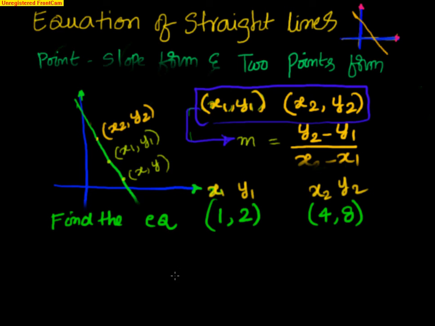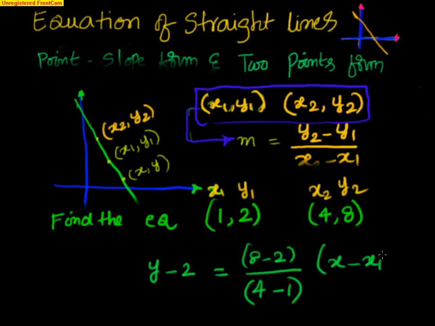So my formula is y minus y1, that is y minus 2, is equal to the slope, y2 minus y1, 8 minus 2, divided by x2 minus x1, that is 4 minus 1, into x minus x1. This is nothing but y minus 2 is equal to 6 by 3, which simplifies to 2, into x minus, what's the value of x1? x1 is 1.